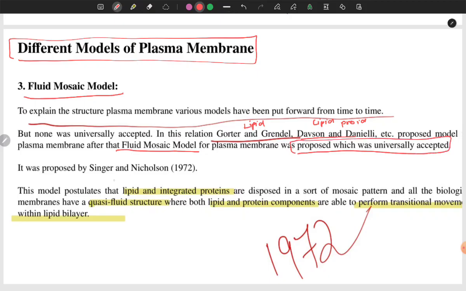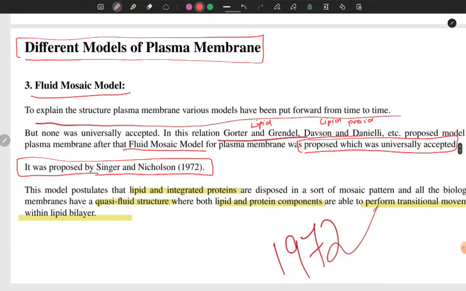This was proposed by Singer and Nicolson in the year 1972. This model postulates that lipid and integral proteins are disposed in a sort of mosaic pattern, and all biological membranes have a mosaic fluid structure where both lipid and protein components are able to perform lateral movement within the lipid bilayer. We must remember the year, that is 1972.